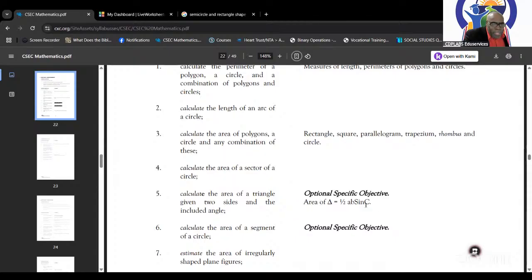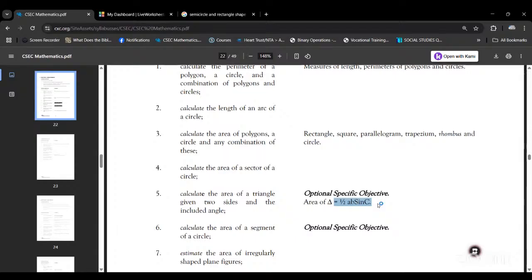And the formula is given too. Now let's look at the formula here. What part of the formula would be related to the angle, the included angle of the triangle?